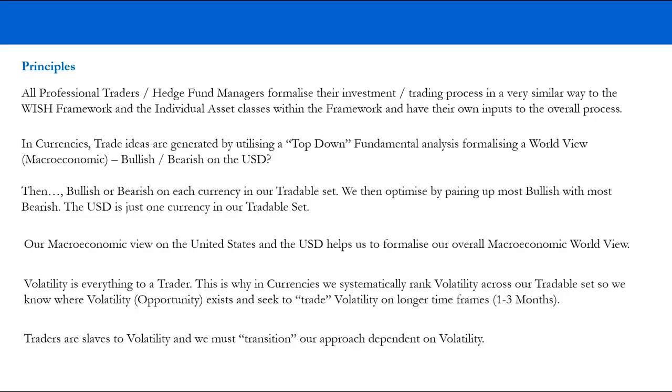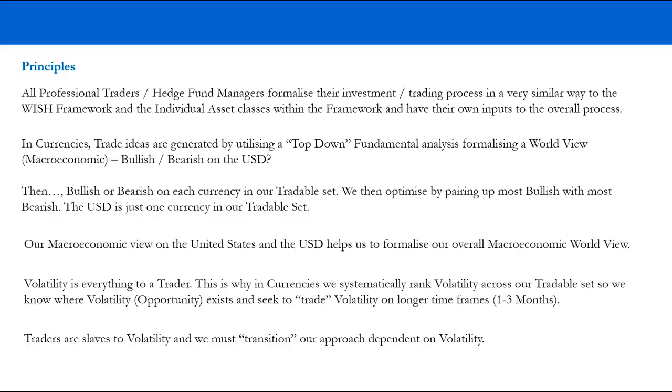Specifically in currencies, trade ideas are generated by utilizing a top-down fundamental macroeconomic analysis, and this formalizes a worldview, and it tells us whether to be fundamentally bullish or bearish on the US dollar.